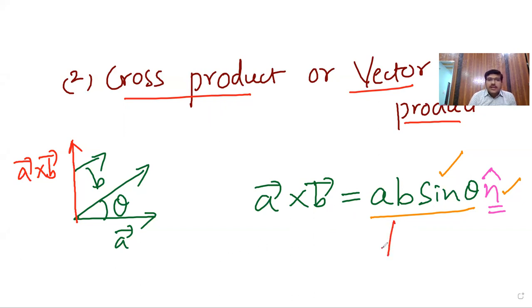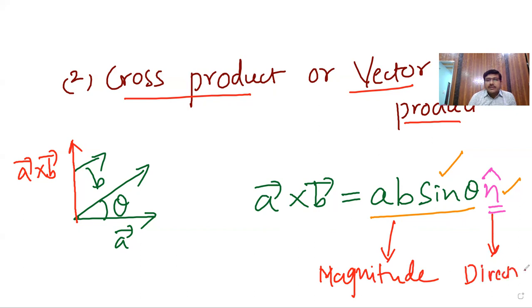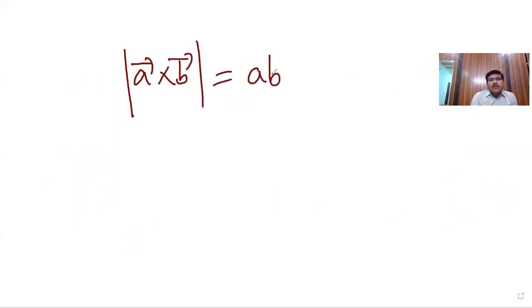Clear? This indicates magnitude, and this indicates direction. Okay. Now observe. The magnitude of a bar cross b bar, the modulus, is ab sine theta. Here we are interested only in magnitude.